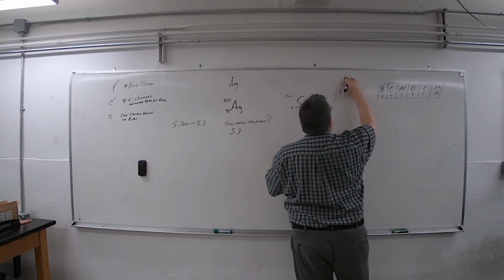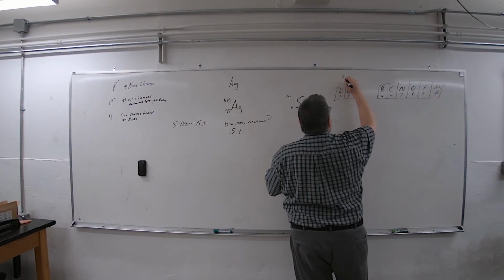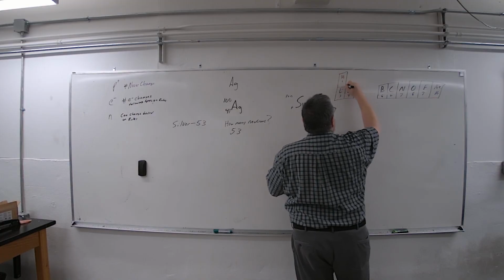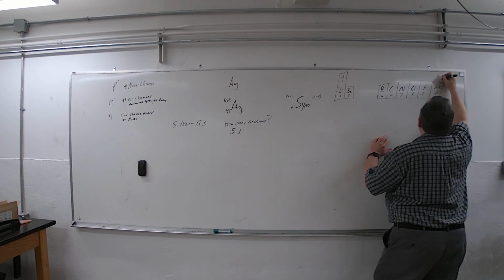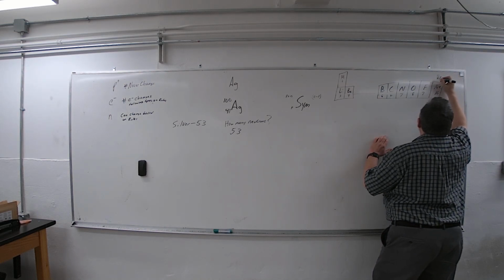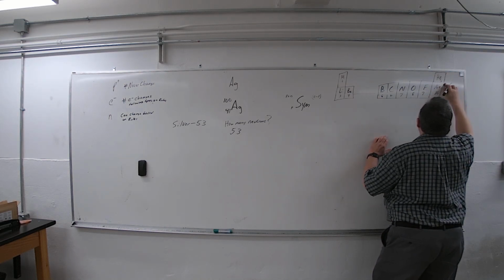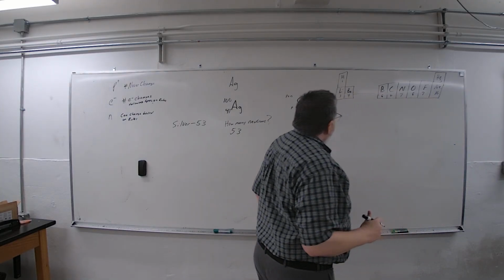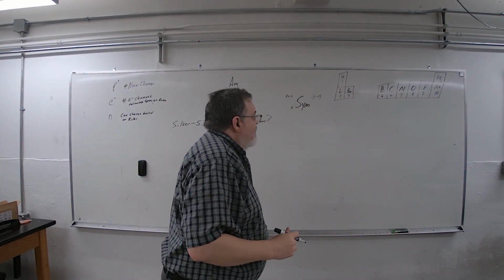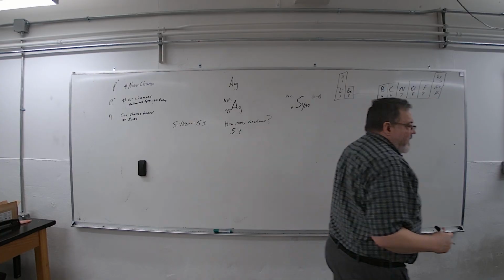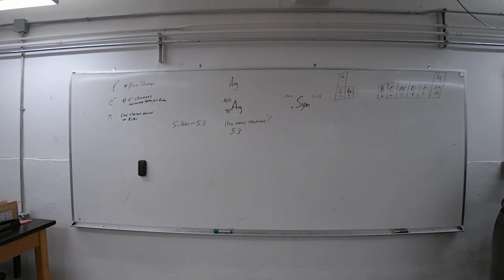Hydrogen sits here. And here we have helium, which is atomic number 2. Okay. I'm going to have to go to the periodic table again real quick.